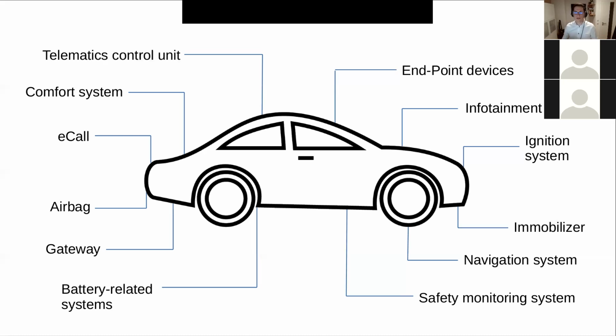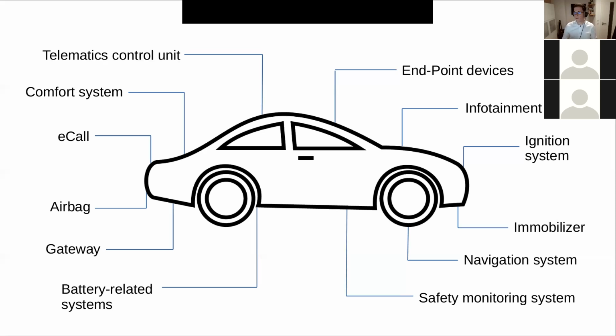Next up would be endpoint devices. Endpoint devices are components that are brought by the customer or the participants of the vehicle. So let's say smartphones, OBD dongles that can be plugged into the OBD port right under the steering wheel. Those are also connecting with the vehicle, but share a lot of information from the passengers, for example.